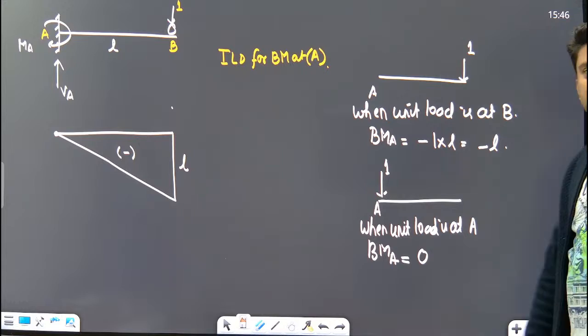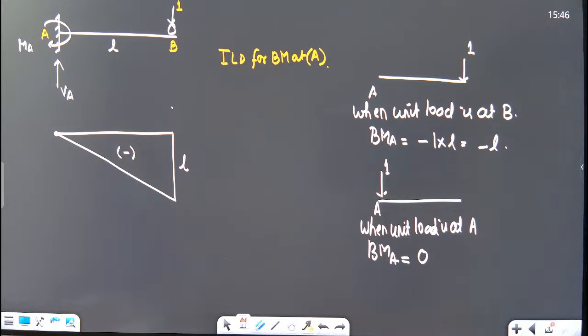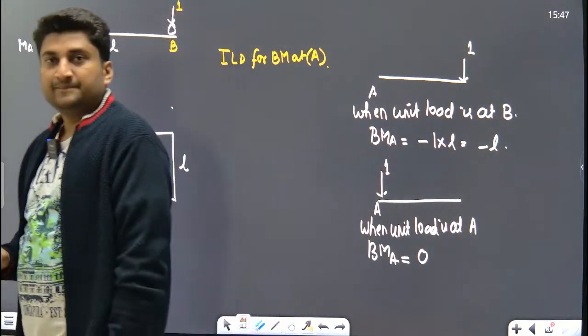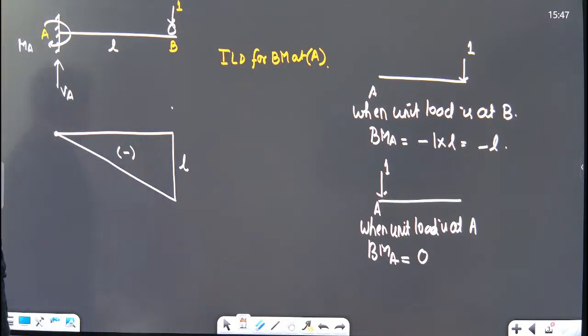Now from Muller-Breslau principle, assume an imaginary hinge.